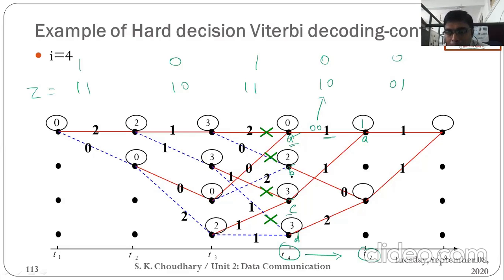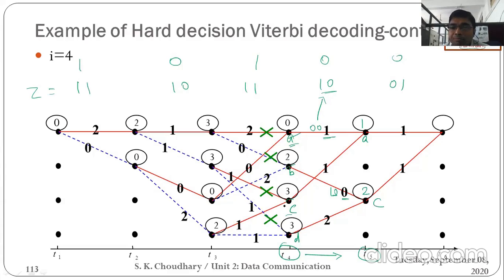Now you are at B, which has the metric value 2. From B, when you receive the 0, you move to C, and the output is 1 0. Compare this 1 0 with this 1 0. Hamming distance is 0, so 2 plus 0, 2.